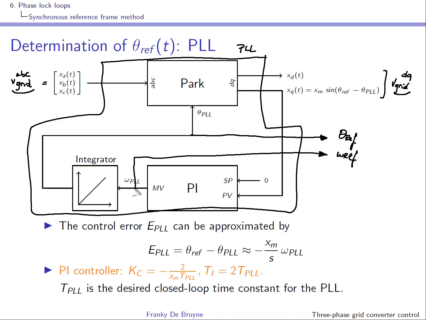Here it says omega PLL, but again, once my PLL extracts the reference signal, what I will observe here is really the speed of my reference signal. If we apply this to the grid voltage, of course this one should be very close to 2 pi times 50 radians per second.